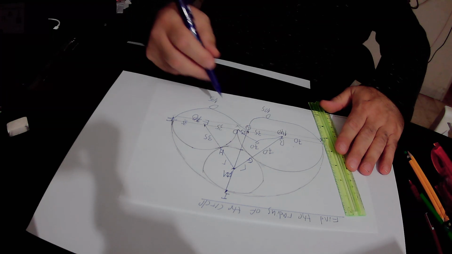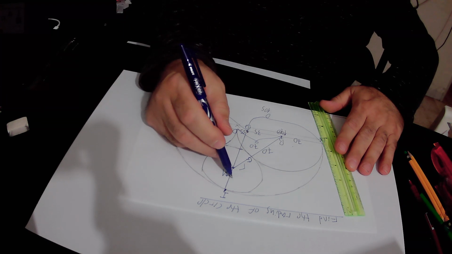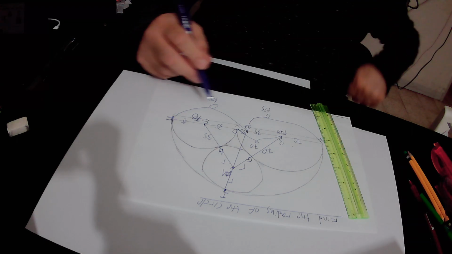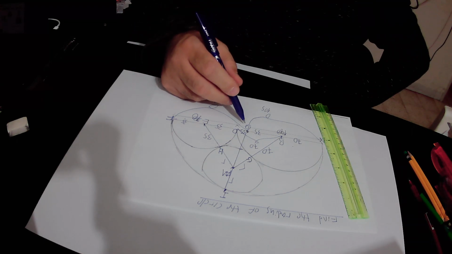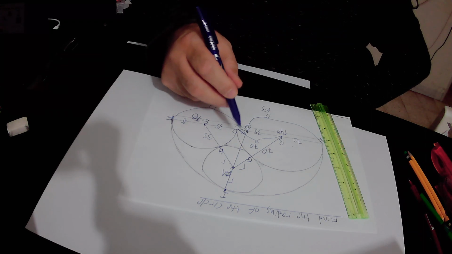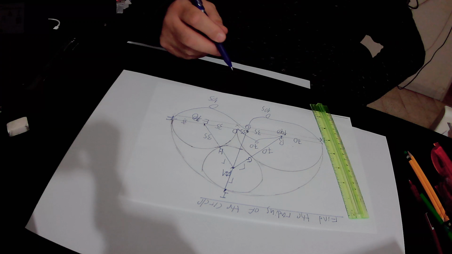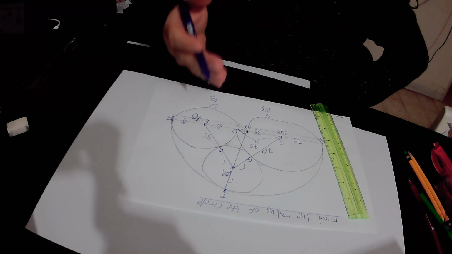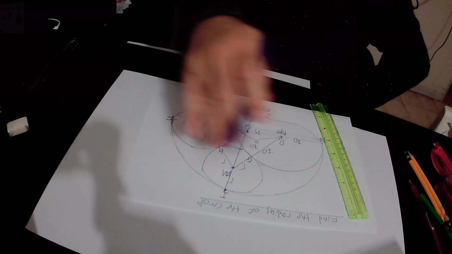And therefore, MI will be the radius of the small circle, that is small r. And what is OI? O is the center of the biggest semicircle, and I is a point on the biggest semicircle itself. So OI is exactly the definition of a radius. OI is the radius of the biggest semicircle.